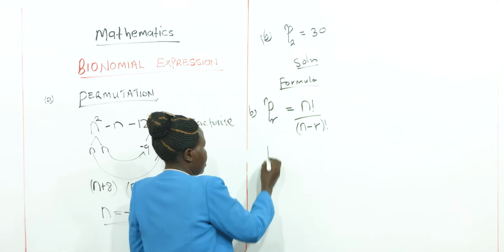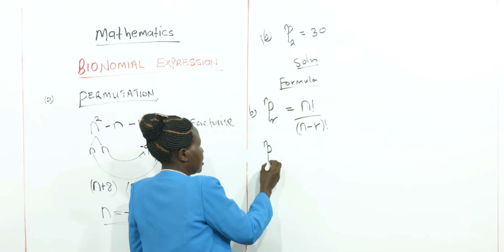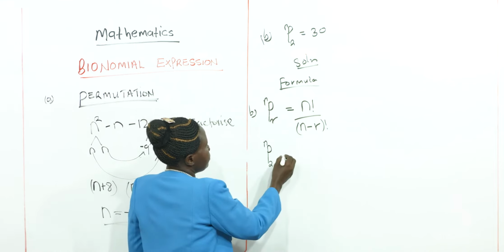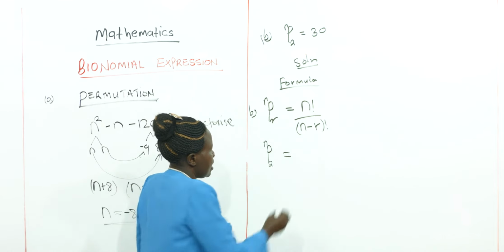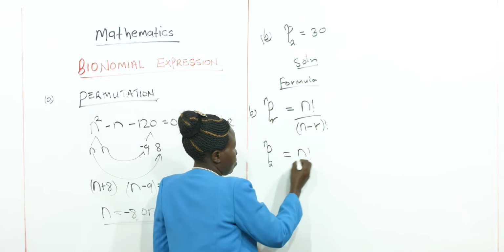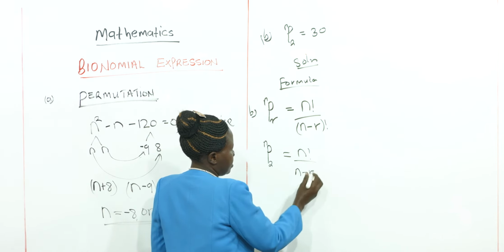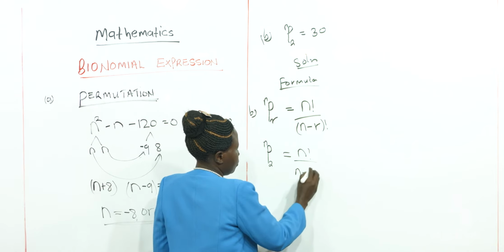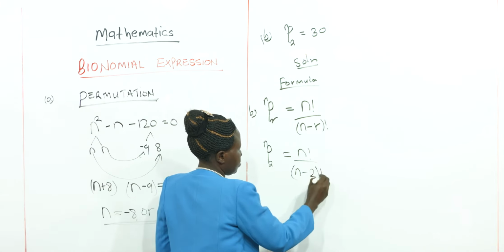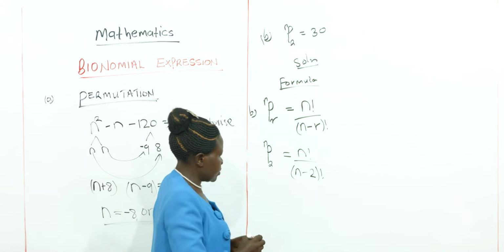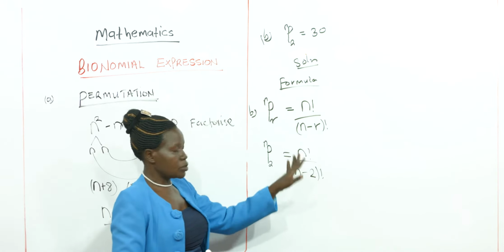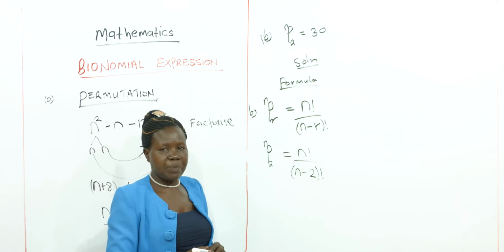So we shall have nP2, which will give us n factorial over n minus 2 factorial. So this simply means you do the same as we have done with part A.